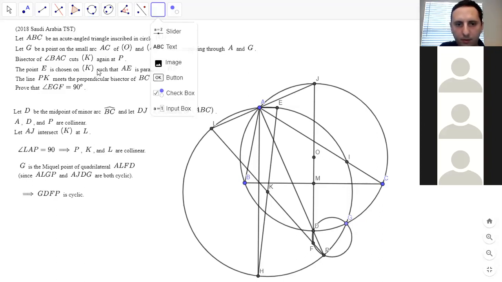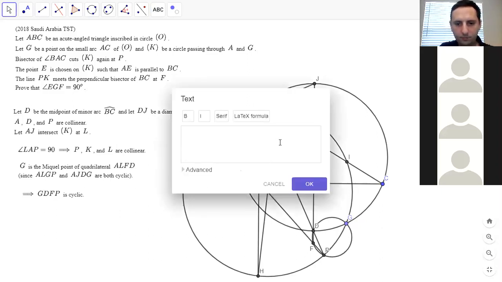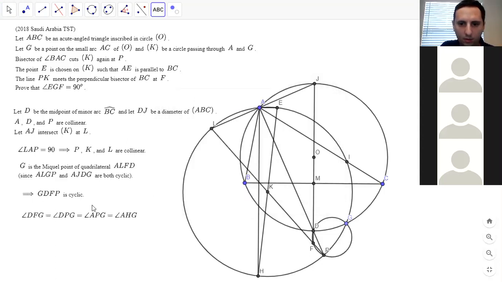So that means that F, H, and G are collinear.